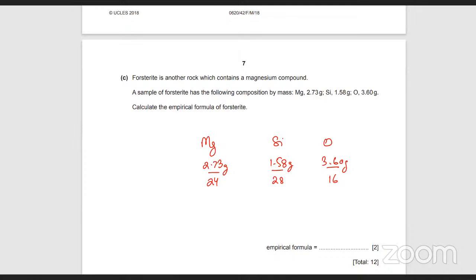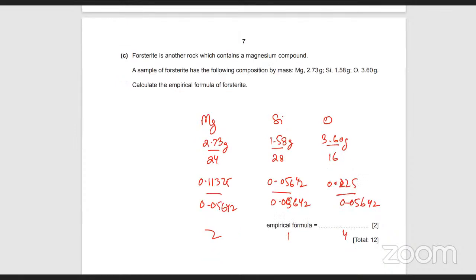Magnesium का 0.11375 है and silicon का 0.05642 and oxygen का 0.225. 225. यही है जो मैंने लिखा है. नहीं, सिलिकॉन का 5642 है. अच्छा, फिर डिवाइड बाय द स्मॉलेस्ट, राइट? सो एवरीथिंग डिवाइड बाय the smallest. तो क्या नंबर्स आ रहे हैं? 2 and then 1 and then 4. तो बस that's your empirical formula, ठीक है?